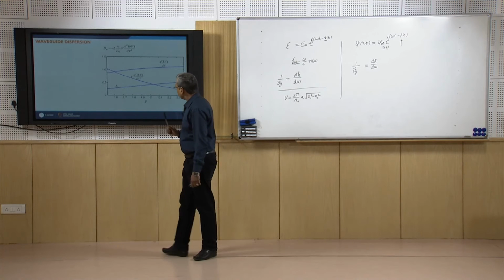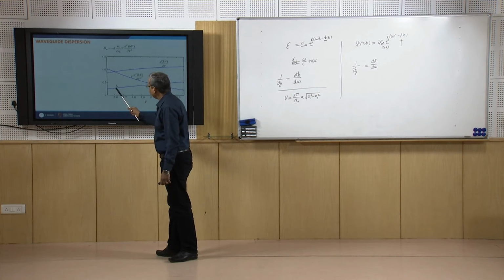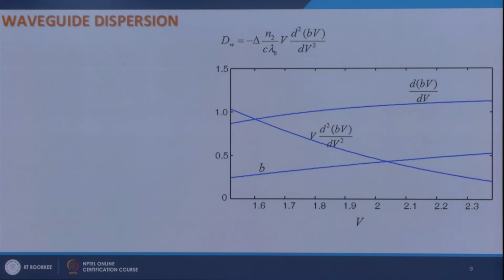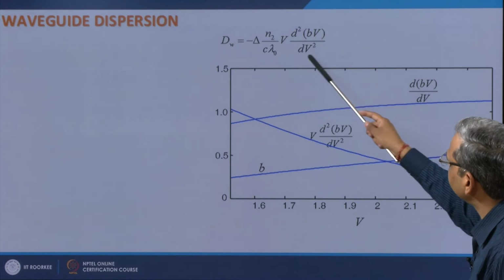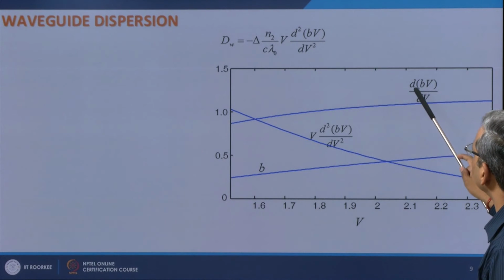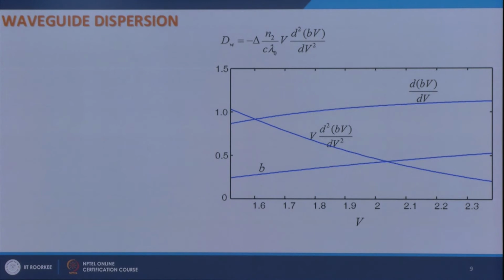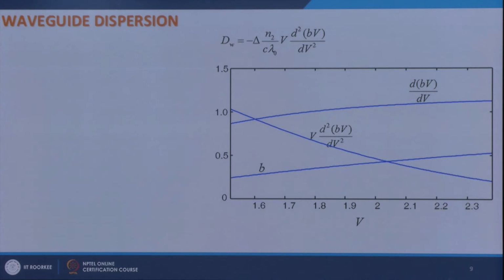If I draw that, the variation of b with V goes something like this. Then, because I need the second derivative of bV, first I find the first derivative, dbV over dV, which goes like this, and then I find V times d2 bV over dV square, which comes out like this.